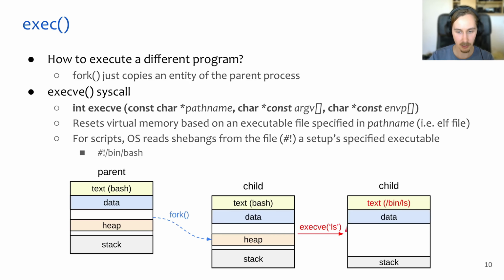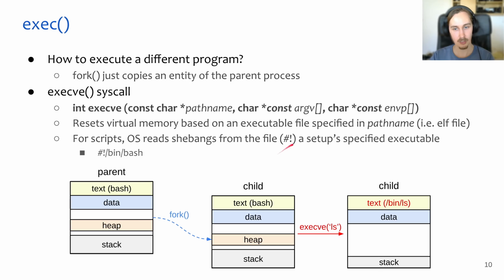And then the child will run execve with the ls binary, which will wipe the child's address space, load the ls binary into the text and data section, allocate the stack, and then start execution of the ls program. So this is what happens if you directly pass an ELF executable, like a natively executable file, in the path name to execve.